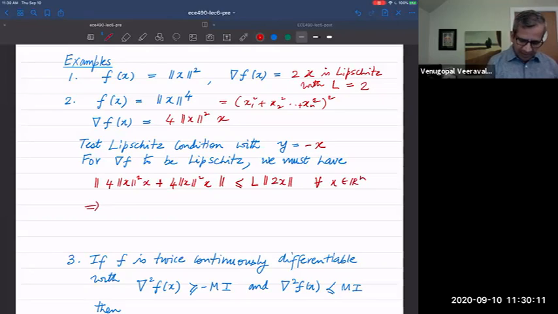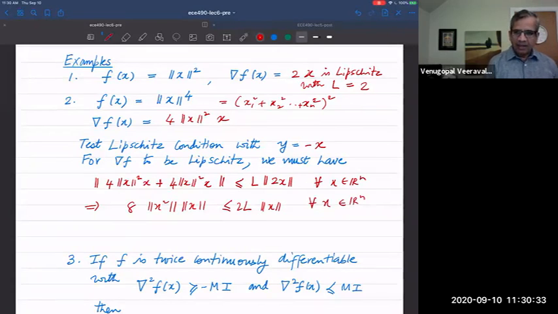And this implies that 8 times norm of x squared times norm of x, so it's actually norm of x cubed, is less than 2L times norm of x, for all x belonging to Rn.